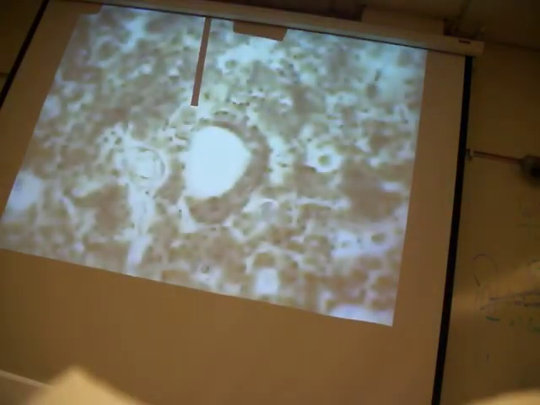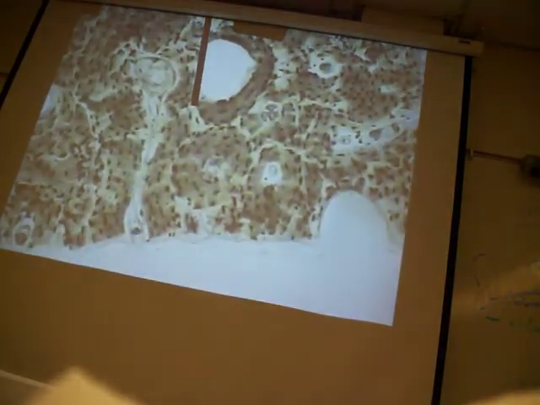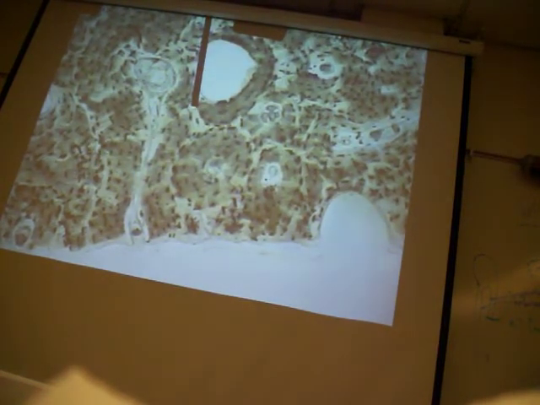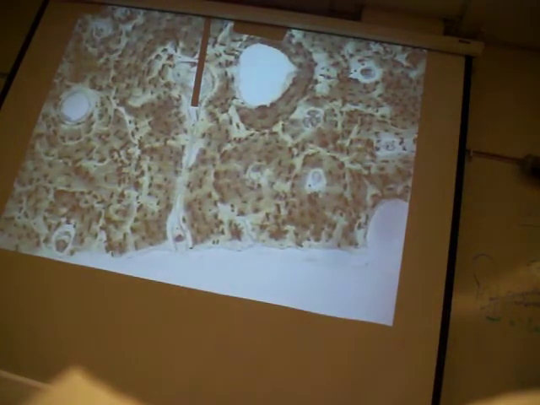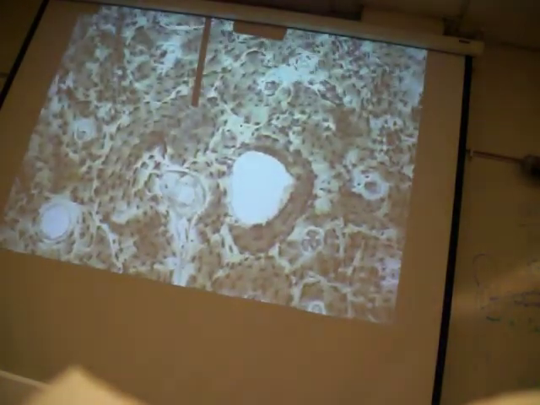Here's a Volkmann's right down here. So you can see Volkmann's. It basically runs right down through there. So now on this guy, here's your canaliculi. So you can see these ones a lot better. There's the canaliculi right there.